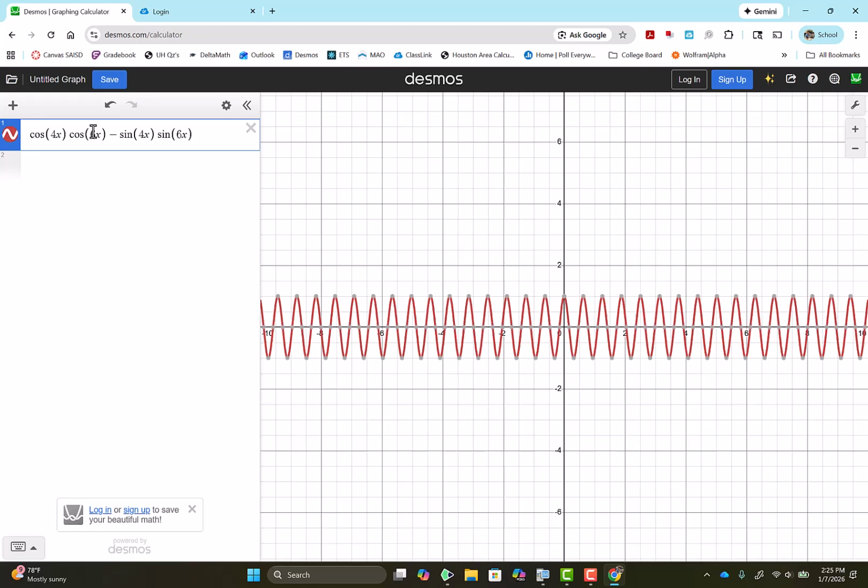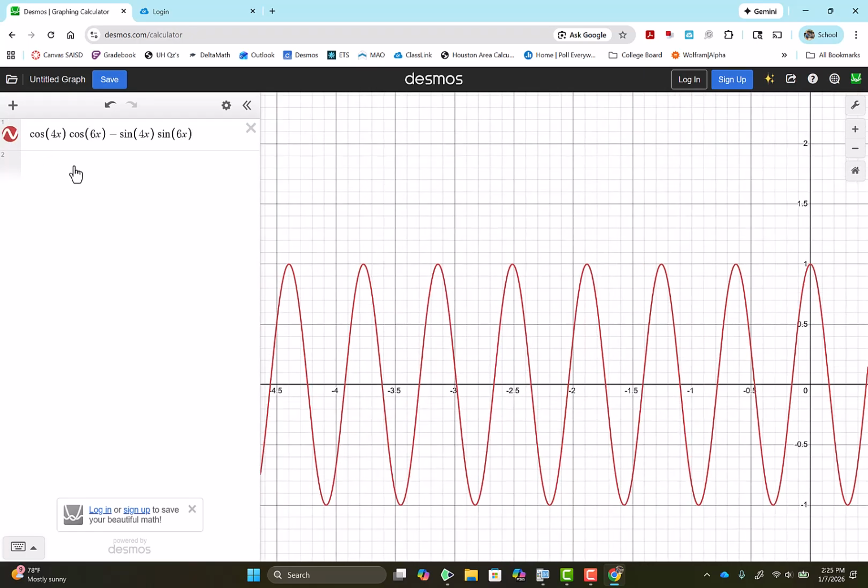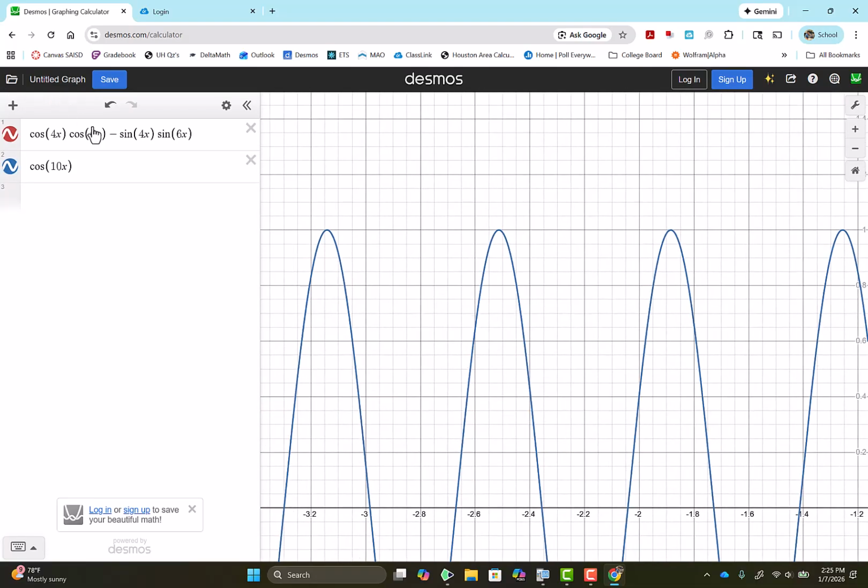So you see this wave that I have here, guys? Look, if I replace all that wave with cosine of 10x, look at that. It's the same wave. And what would you rather be dealing with if you're an engineer? Would you rather be dealing with the top equation here, cosine 4x, cosine 6x minus sine 4x, sine 6x, or this singular cosine? Yeah, probably the singular cosine.